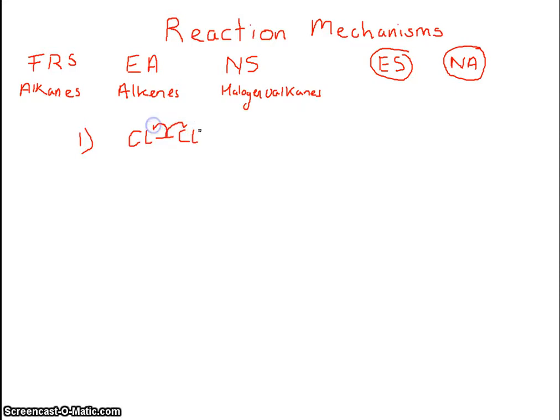Homo means same and lytic means to split, so we use curly arrows to represent the movement of electrons, and these are single-headed arrows to show that 1 electron has moved in each case from this bond onto each chlorine, and so what you end up with is 2 Cl, and we represent a free radical with a dot.